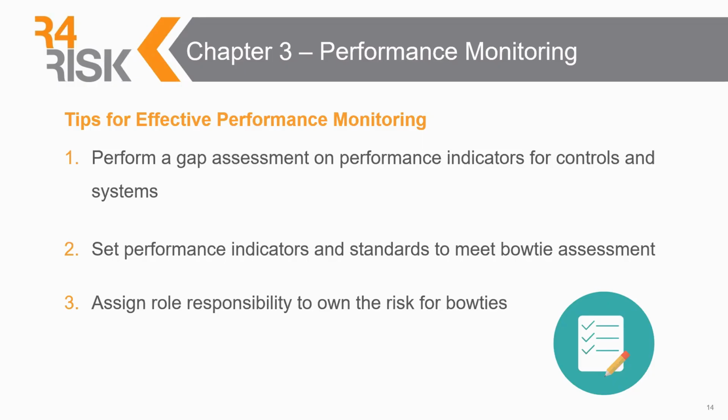And finally, we should assign a role responsibility to own the risk for the bow ties. And this is the person that's accountable for reporting on the health of the scenarios and perhaps organising the assurance activities, making sure they're done, rather than the people on the ground performing the activities. So this person needs to be an appropriate level of management to own the type of risk, especially if it's fatality, something like that.